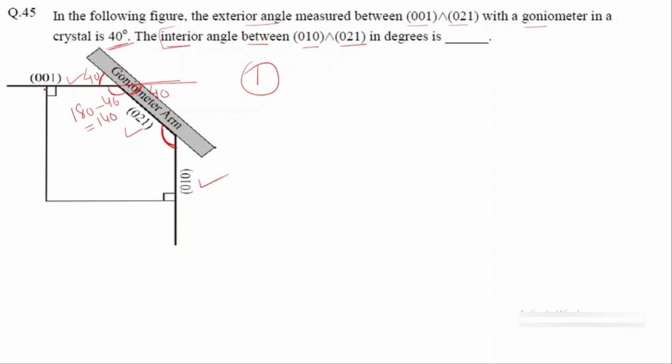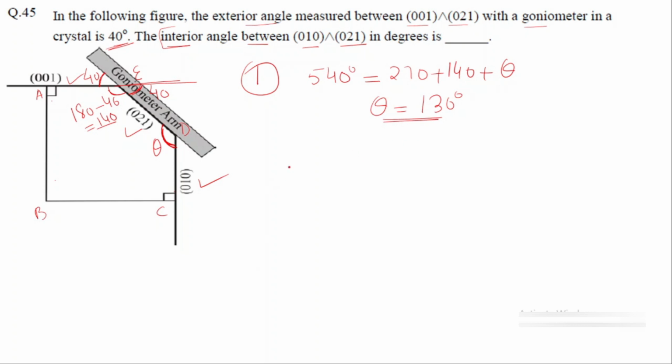Now look closely, this is actually a 5-sided polygon, A, B, C, D and E, and any 5-sided polygon's interior angle sum will be equal to 540 degrees. Out of these 5 angles, one is 140, other 3 are 90, so it becomes 270 plus 140, and the one remaining is what we are looking for, that is our theta. If you calculate theta from here, you will get 130 degrees as your answer.